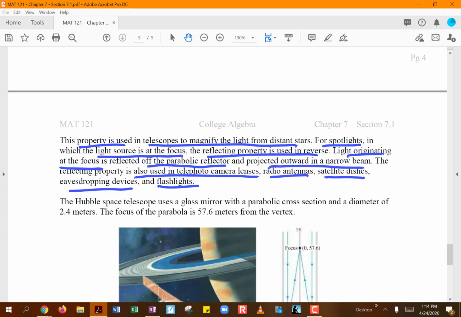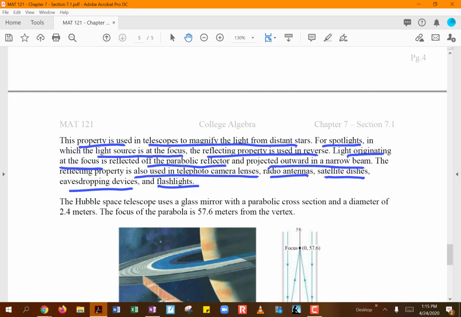So think about satellite dishes. In a satellite dish, you will see how you have that little receiver. That receiver is actually placed at the focus of that parabolic surface. So when you receive your signal from the satellite, the signal is going to bounce off the reflective surface of your parabola, which is the satellite dish, and it's going to be reflected towards that sensor so that you can read your signal.